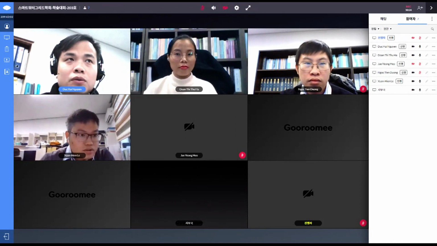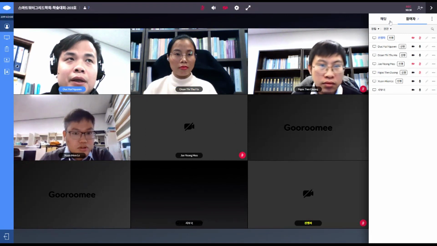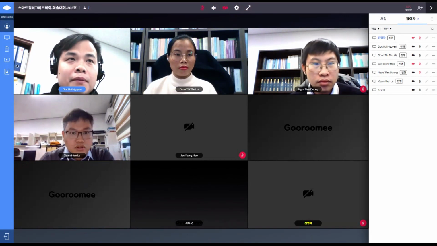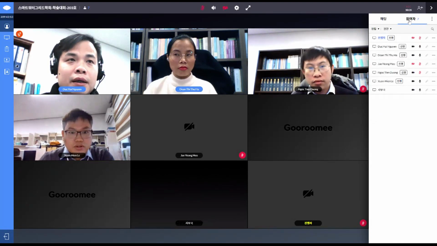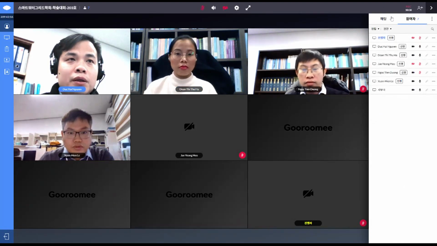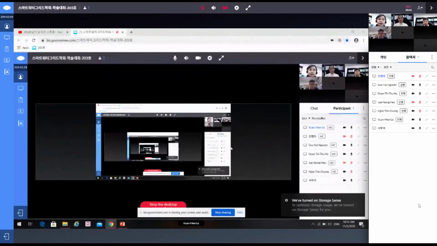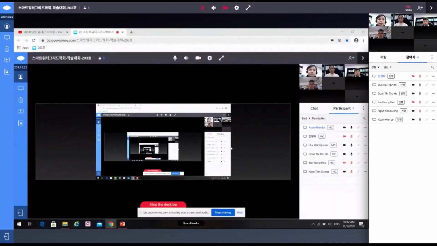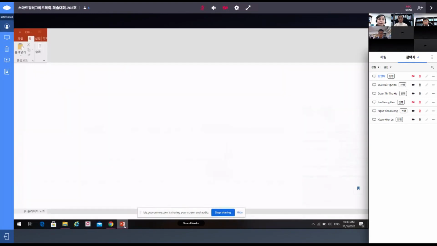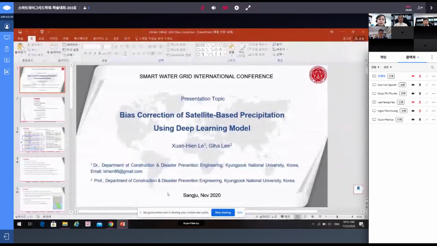Yeah, you choose the screen sharing tab at the upper left, and then you can choose which screen you want to share. Now you can choose the presentation. Yeah, we can see the presentation.